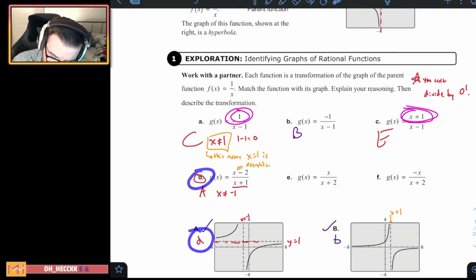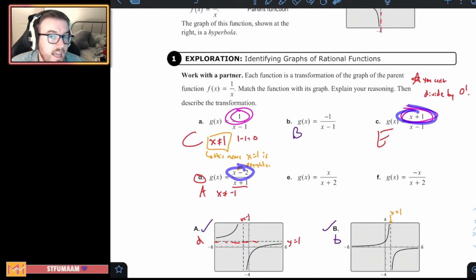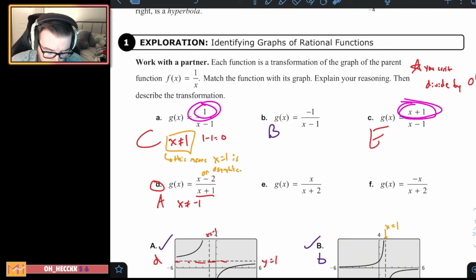Function d with function c. You'll notice that as far as the numerator is concerned, they both have an x. But this one says -2 and this one says +1, but yet they both have a horizontal asymptote at 1. Curious. Curious. Why are they both at 1 if this number is different?